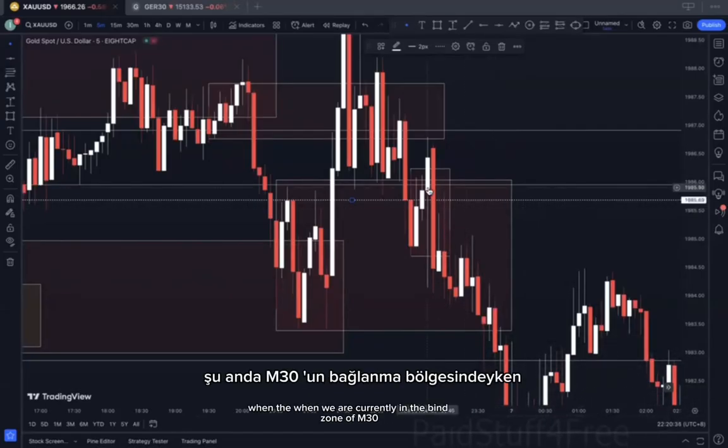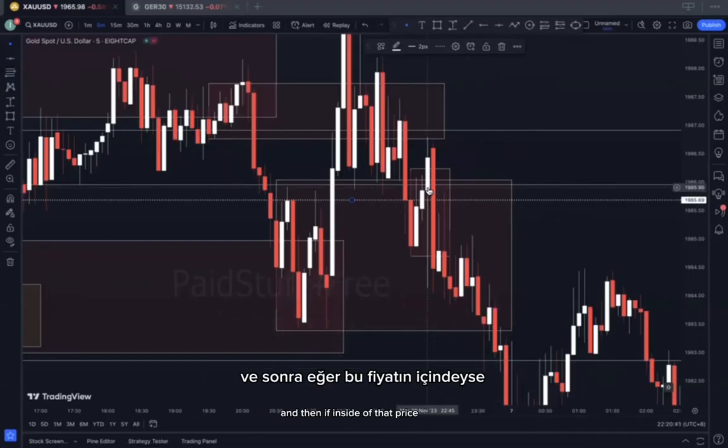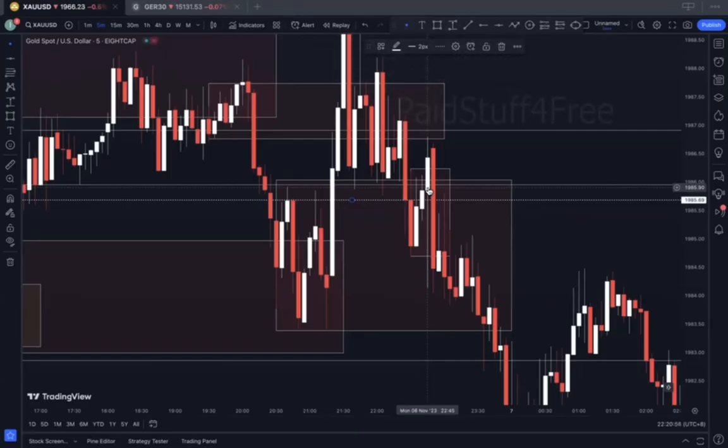No. We are currently in the buying zone of M30. When the price gets into the buying zone of M30, and inside of that the price creates an engulfing sell, it doesn't show that the price is going to go down.